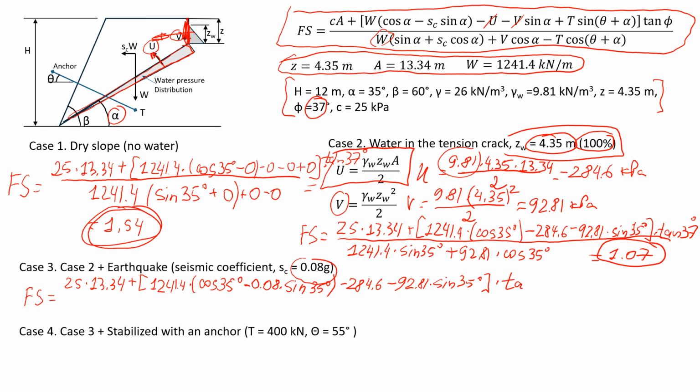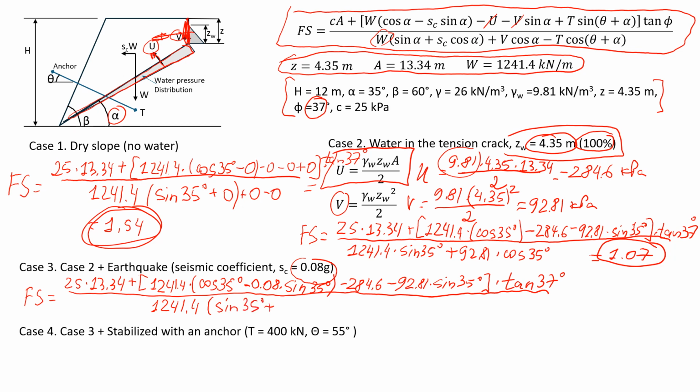Multiply by the tangent of the friction angle, which is 37 degrees. And all of this will be divided by W, 1241.4, times sine of 35 degrees.